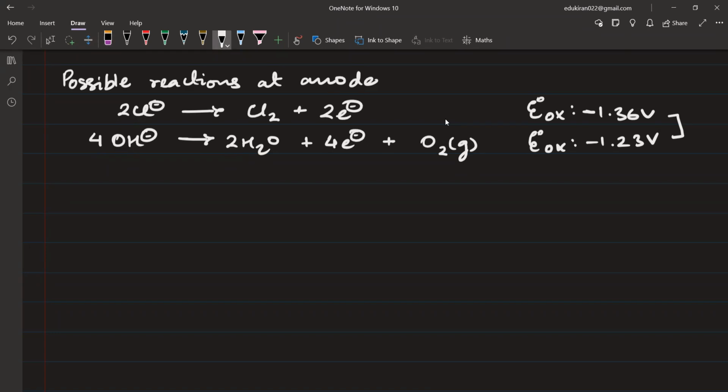Now, this higher voltage is known as over voltage, and this over voltage is only due to what? The size of OH negative. It is due to what? Size of OH negative. Okay, write a point here.